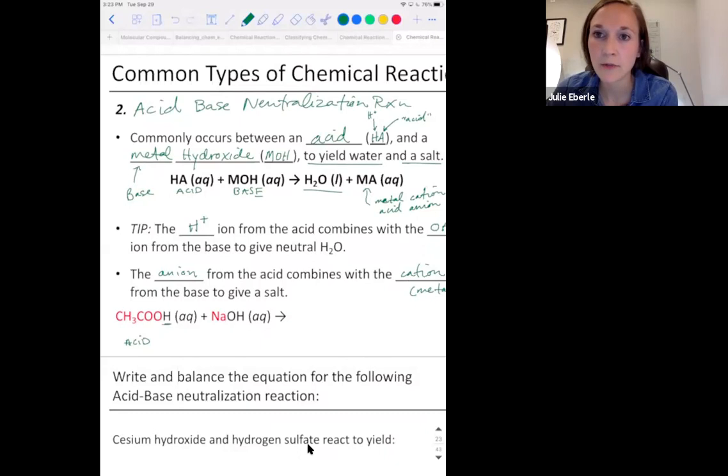Now, I know what some of you are thinking, why are we not writing the cation first? Usually you should. Sometimes acids break the rules and the acidic hydrogen is written last, like you see here, but usually we do write the cation first, okay? So the anion is acetate and the hydrogen ion is the cation. And then our base is sodium hydroxide and the metal here is sodium. So I color coded these things differently so you can see which parts are going to form your products. The red parts are going to come together and you're going to get sodium acetate.